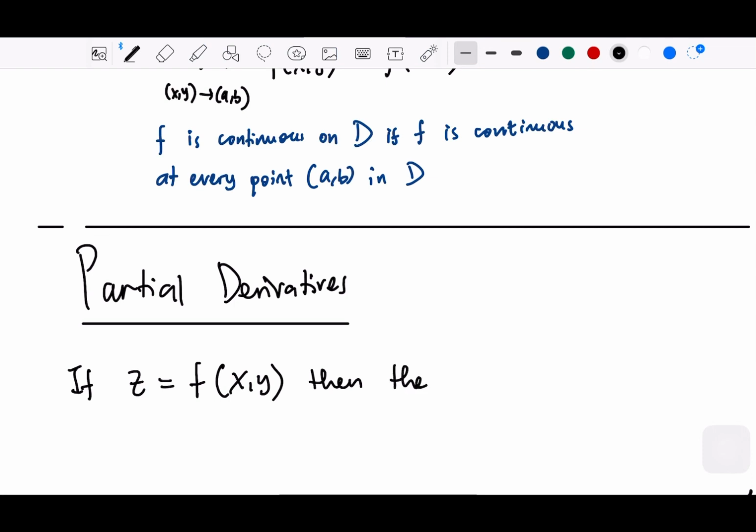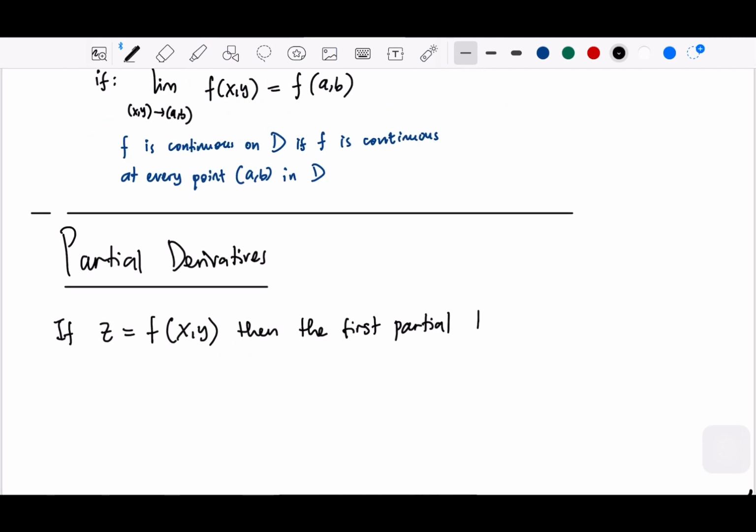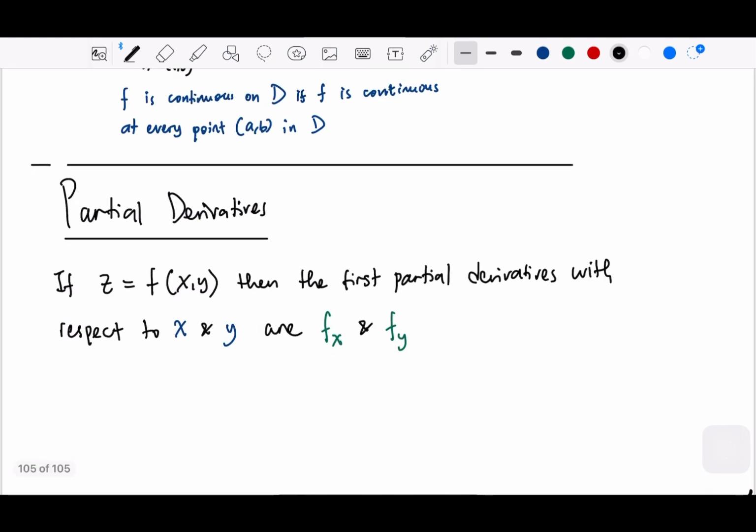Then the first partial derivatives with respect to x and y are f subscript x and f subscript y, where f_x is what we call the partial derivative with respect to x.